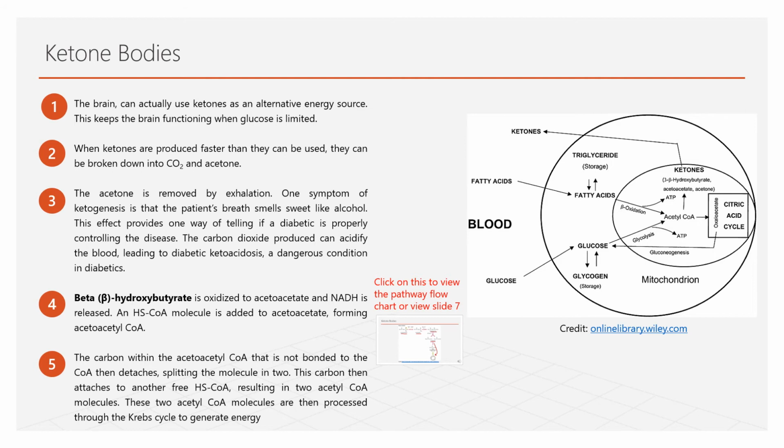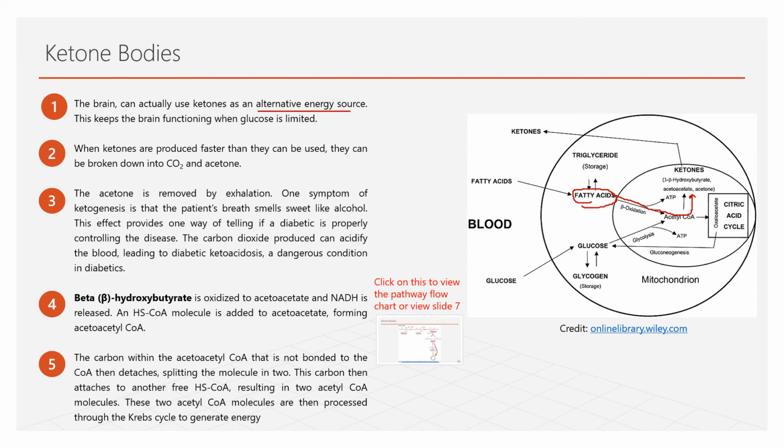During this period, glucose is not available to the body, so the body needs an alternative energy source. The fatty acids, which come from the breakdown of triglyceride, will go through a series of reactions to produce a component called ketone bodies. Ketone bodies are important because they can be used as a source of energy for the brain.